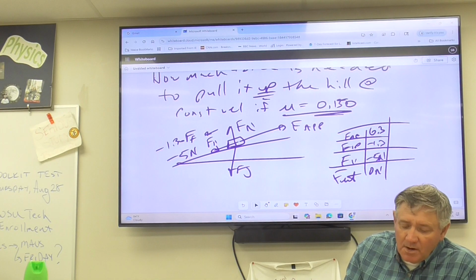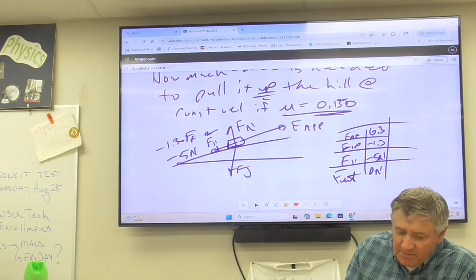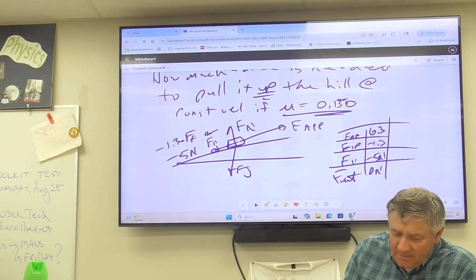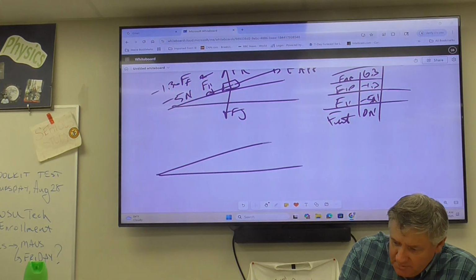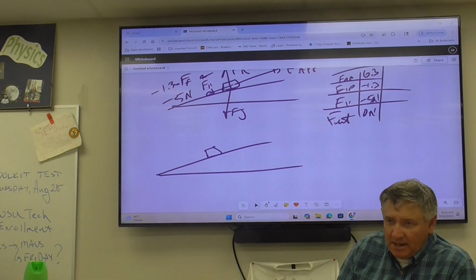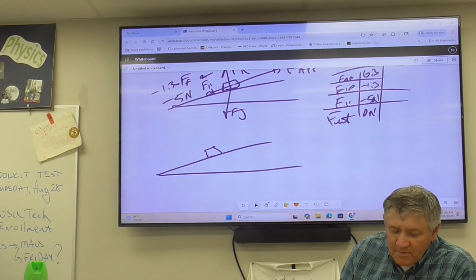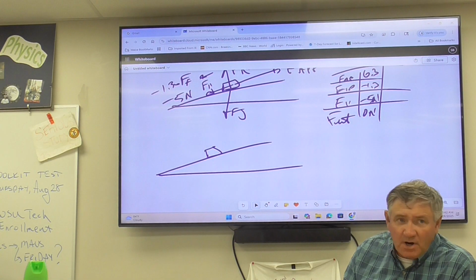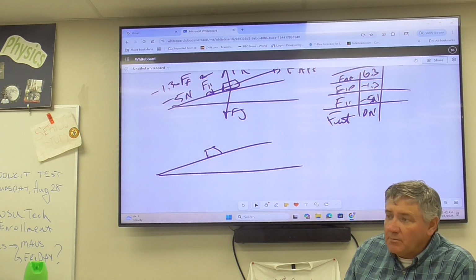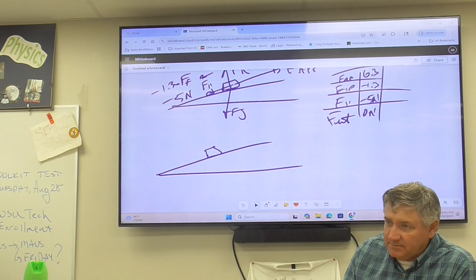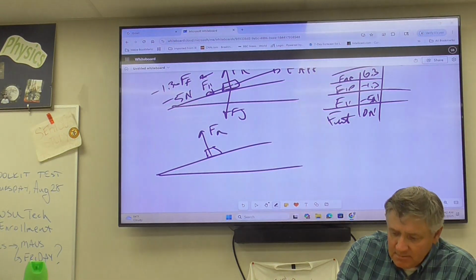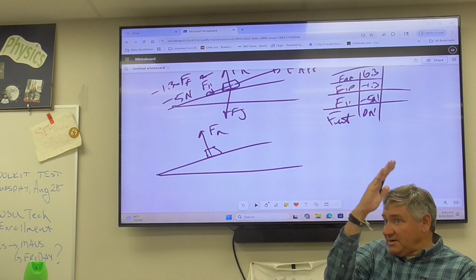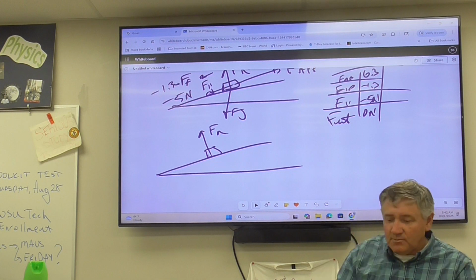Now, what I'm asking you in number 5 is, what is the force parallel that is acting to accelerate the box down the hill? So, over here, I've given you an angle and the outline. You don't have to draw this to scale, but what are the forces acting on the system? Force normal, which is going to be acting not straight up, but at a 90-degree angle to the incline. That's one.